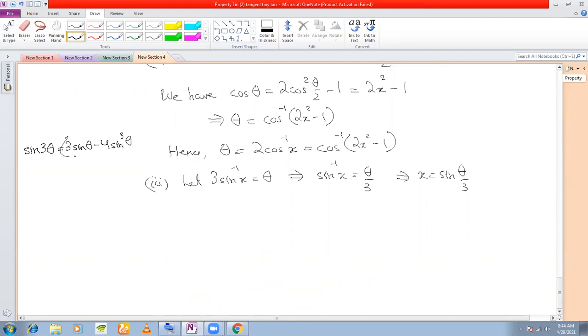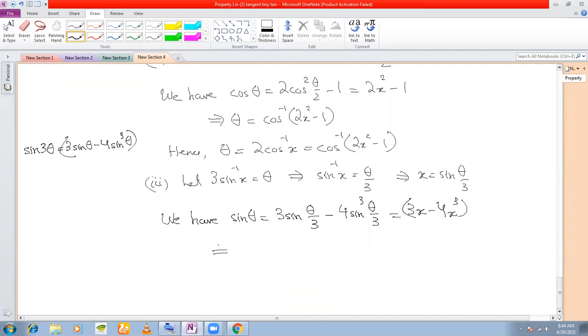This is the triple angle formula we are going to use here. So we have sine theta is equal to 3 sine theta by 3 minus 4 sine cube theta by 3. Just put the value. Sine theta by 3 is x here, so 3x minus 4x cube.